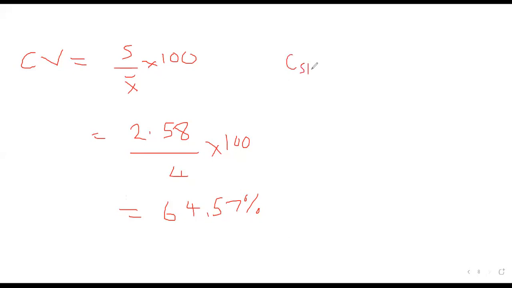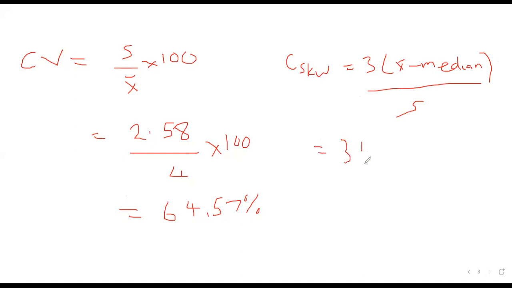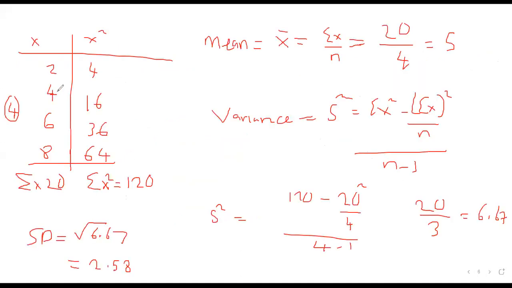The last one is the coefficient of skewness, which is given by 3 times mean minus median, or Q2, divided by the standard deviation. So the 3 is part of the formula. Our mean is 4. Our median, from here are the middle numbers. So which numbers are in the middle? These 2. We get the average. 4 plus 6 is 10, divided by 2 is 5.